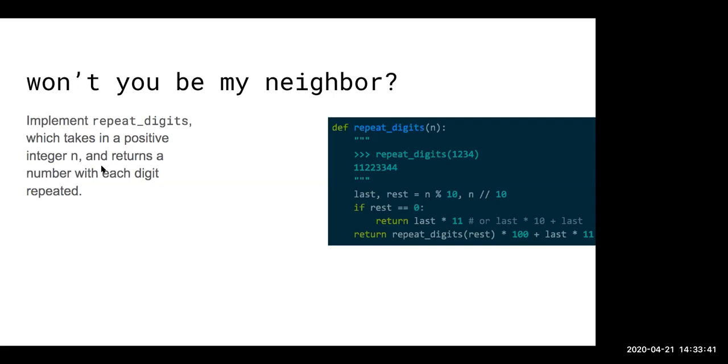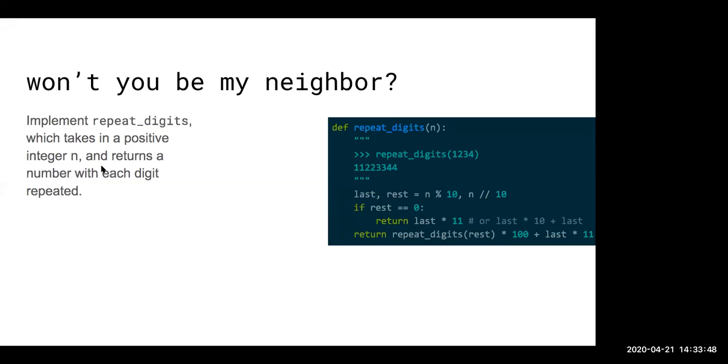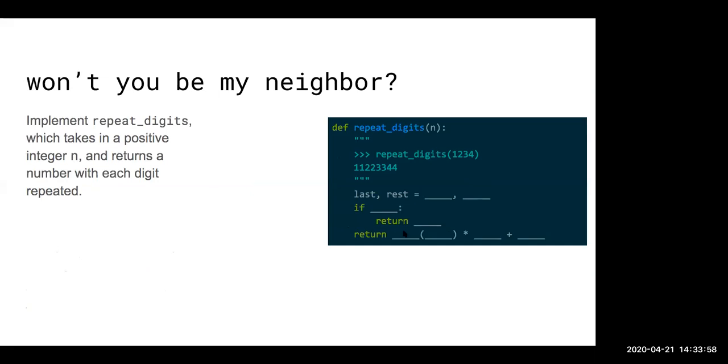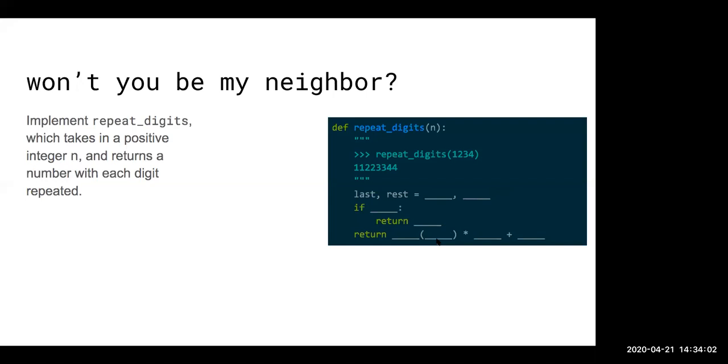Because in the previous slide there are 3 blanks in the return. How can we decide that in the beginning?